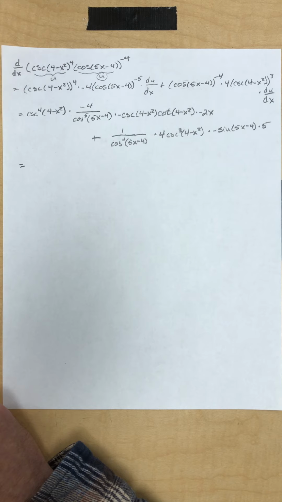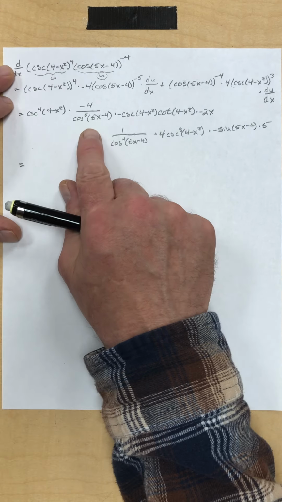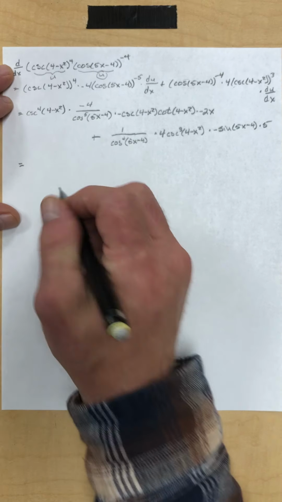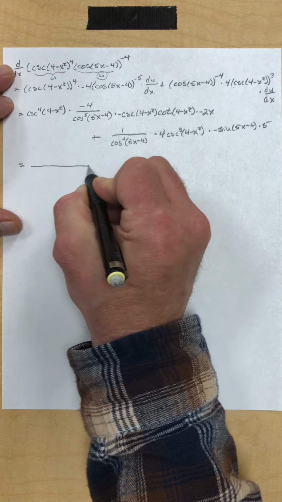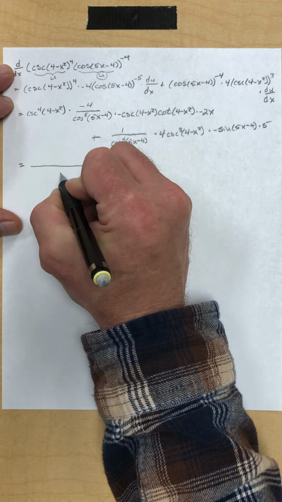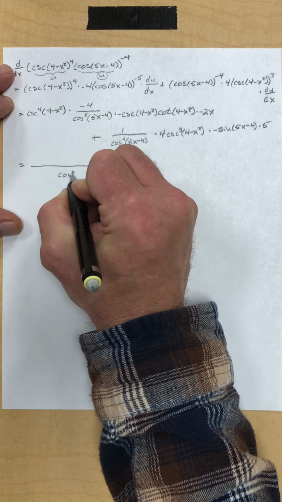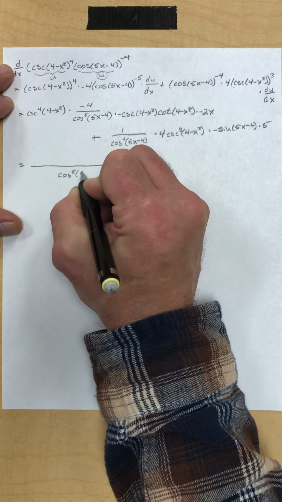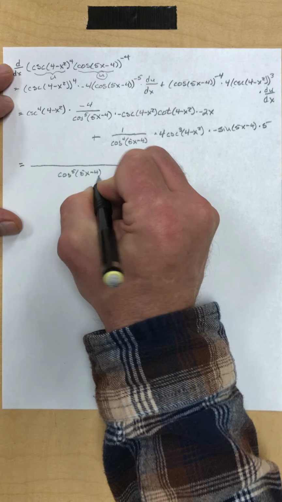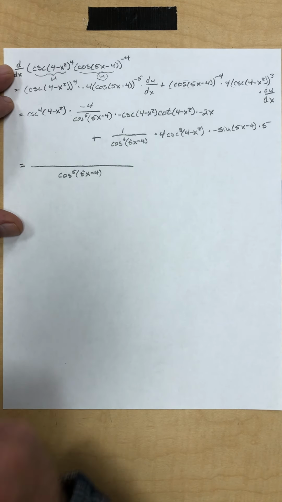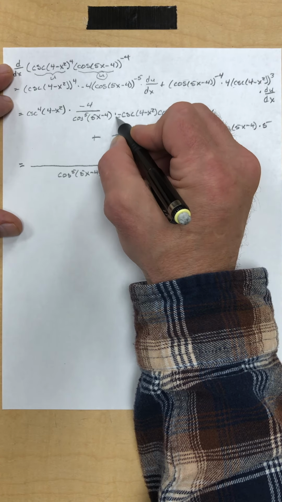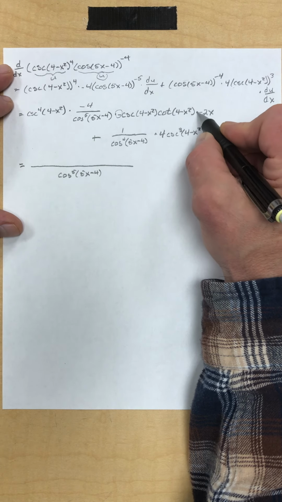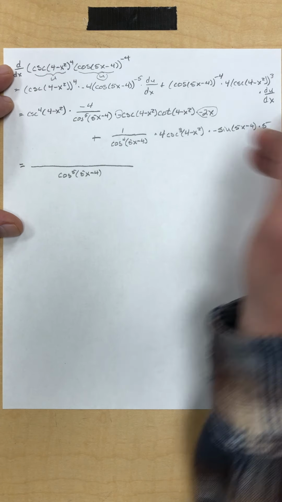Okay, so let's see. This guy stays down below, no doubt about that. So I'm going to have cosine to the 5th of 5x minus 4, and everything else goes up above. Notice the very first thing, I've got a negative times a negative 2x, so that's a positive 2x.